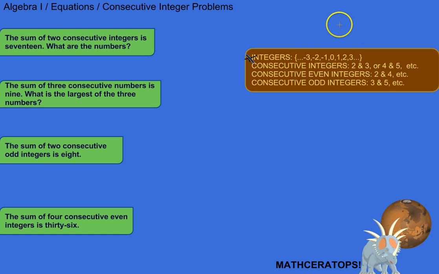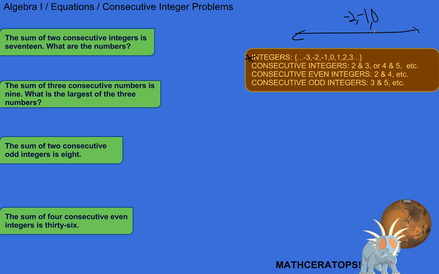Like 2 and 3 would be consecutive integers. 2, 3, and 4 are consecutive integers. -2, -1 are consecutive integers. -2, -1, 0 are consecutive integers. Right? If you can imagine a number line and you list all the integers, consecutive integers would be ones that are next to each other on the number line.